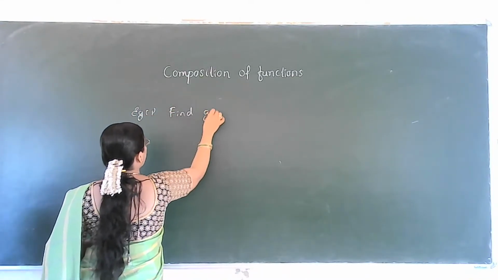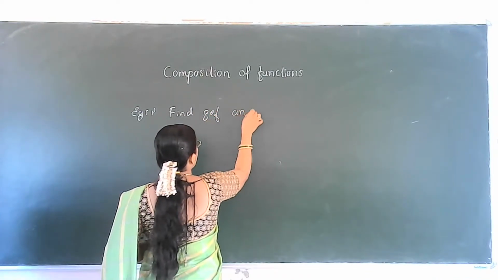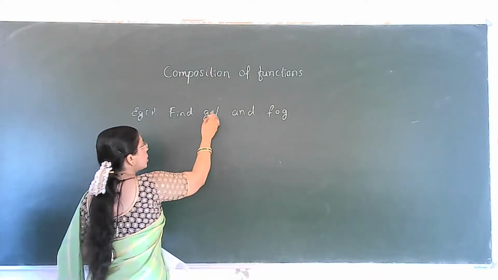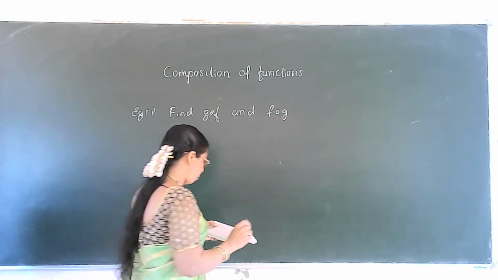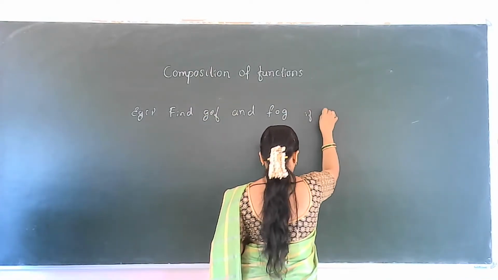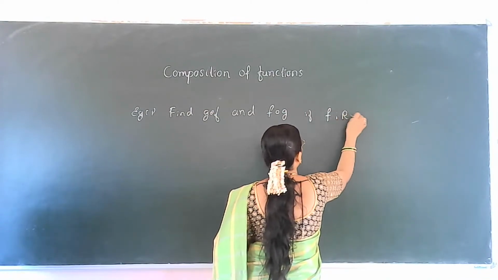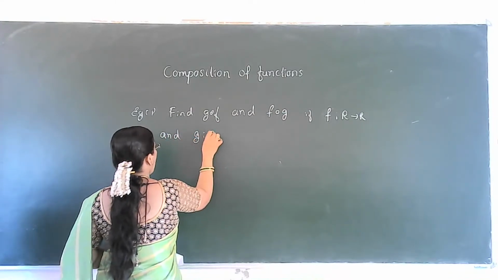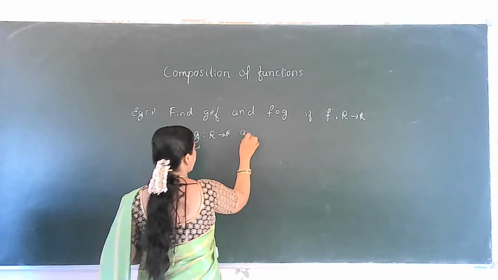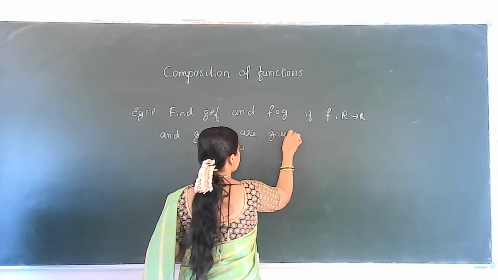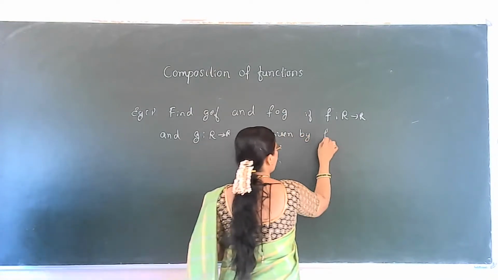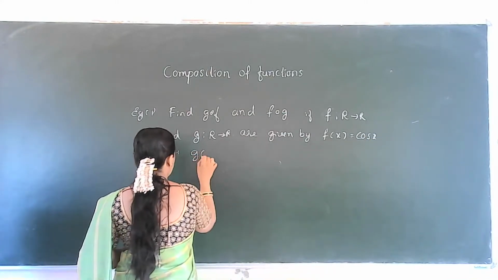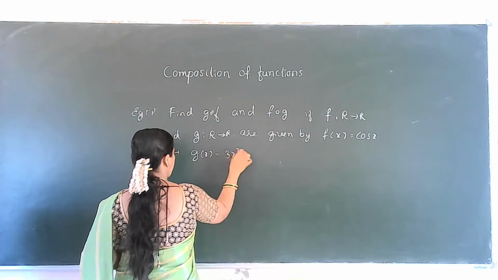Find g naught f and f naught g, or f composition g and g composition f, if f is a function from R to R and g is a function from R to R given by f of x equal to cos x and g of x equal to 3x square.